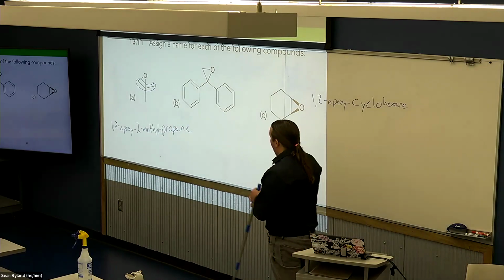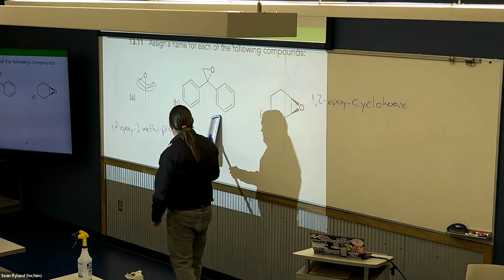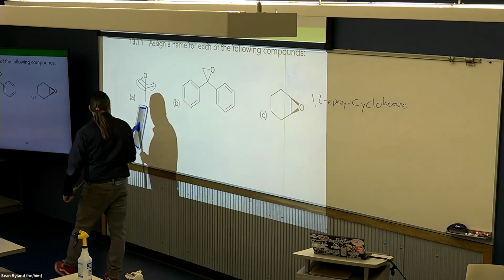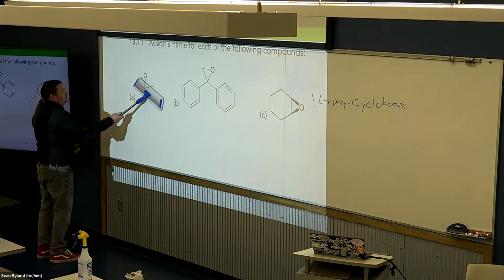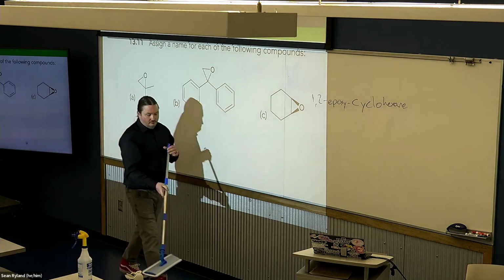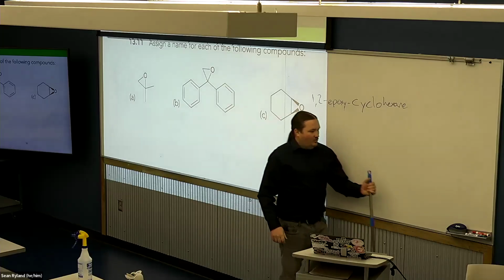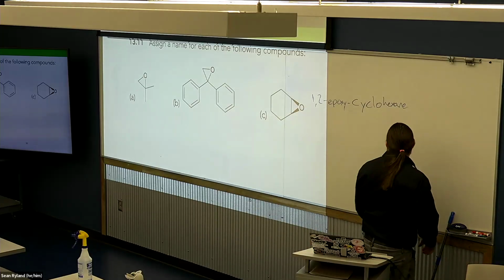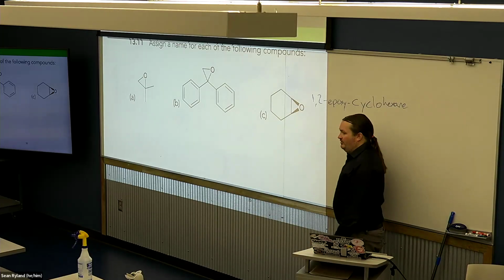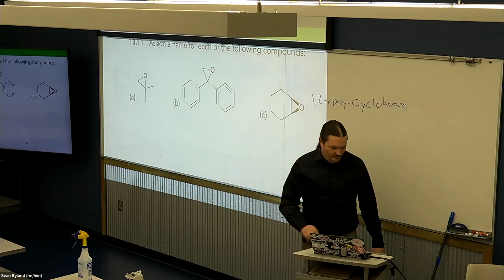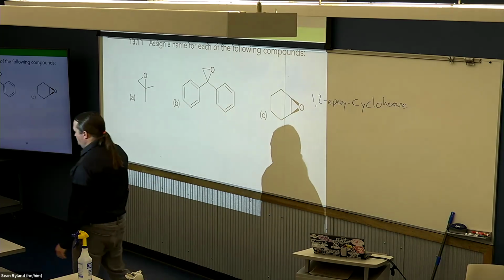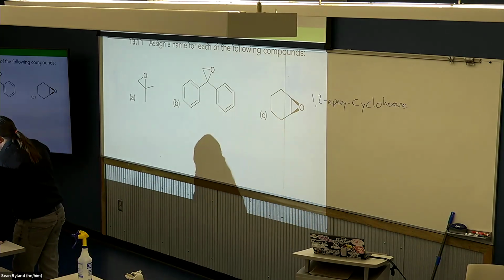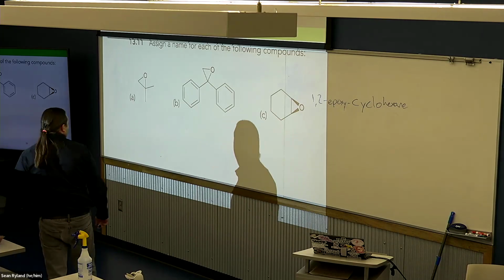What are we gonna do for B? Well, it's symmetrical, which is nice. What's our longest continuous carbon chain that has the epoxy? Then you count. We never count these two over in, right?